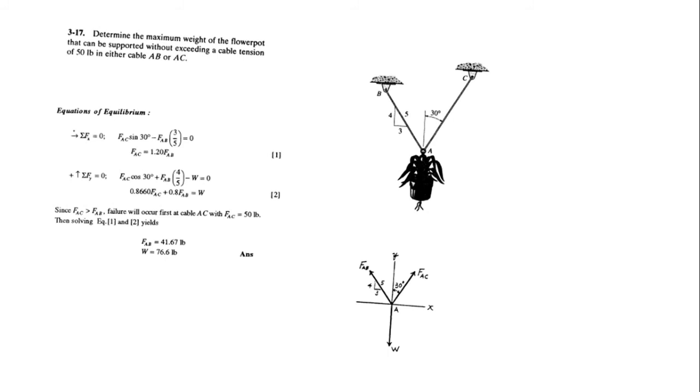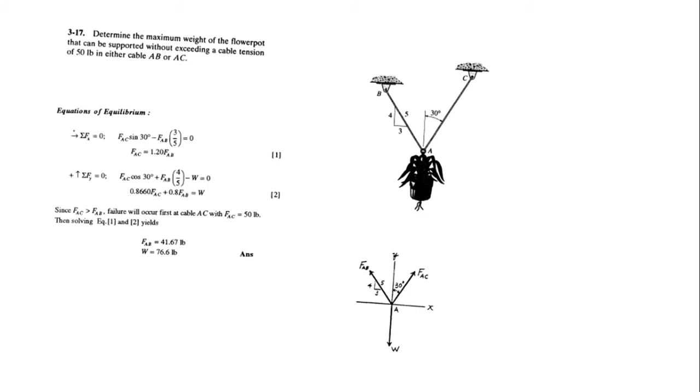So it comes out to be force AC cos 30 plus force AB vertical component 4 upon 5. The weight is acting downwards, minus W equal to 0. Simplify it, so it comes out to be 0.8660 force AC plus 0.8 times force AB, minus W equals 0. W goes on the other side of the equation, it becomes positive W.